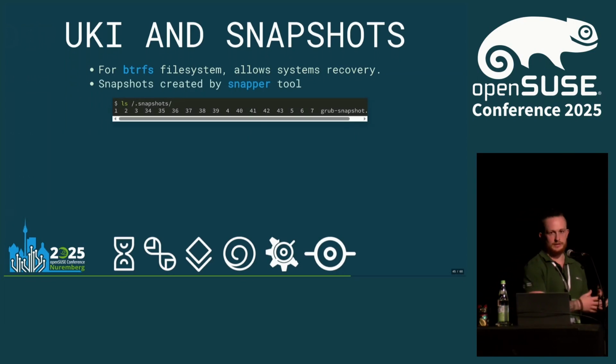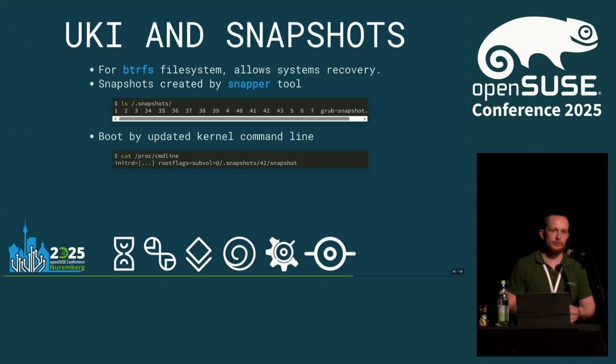Snapshots are created by the snapper tool, and each snapshot is created incrementally. And to boot on a snapshot, when you want to have the recovery, you will need to add into your kernel command line which snapshot you want to boot. So for this example, it will boot on snapshot number 42.